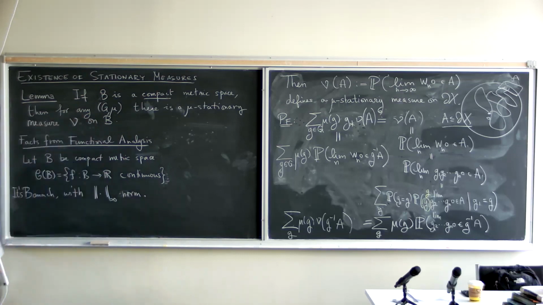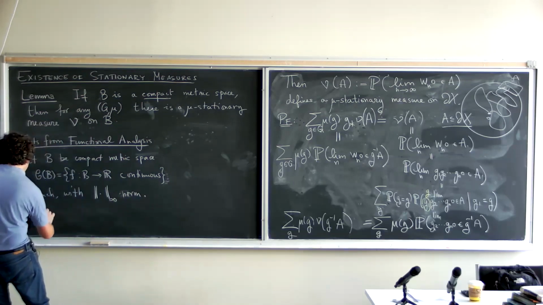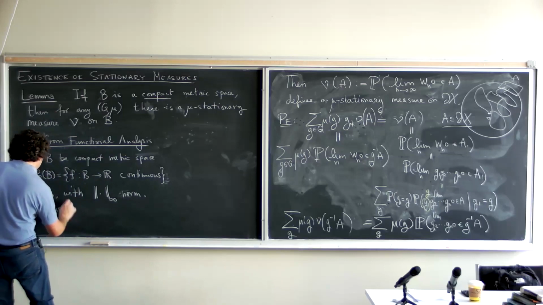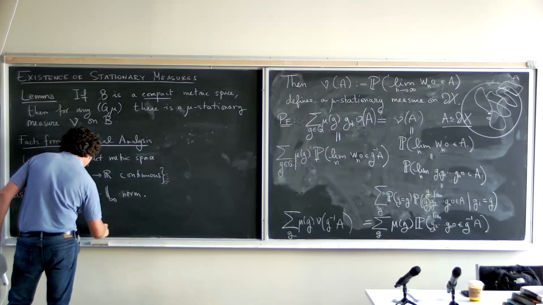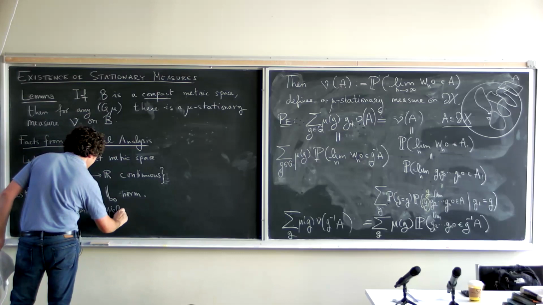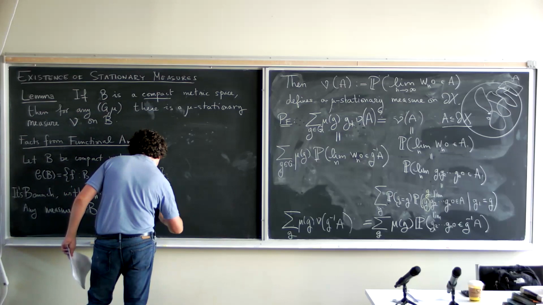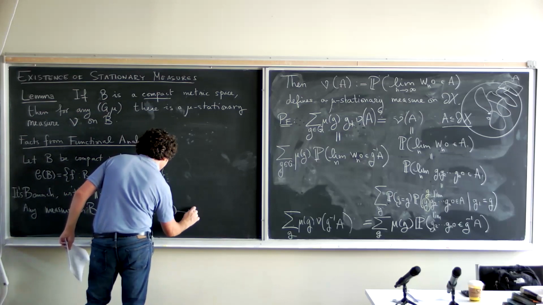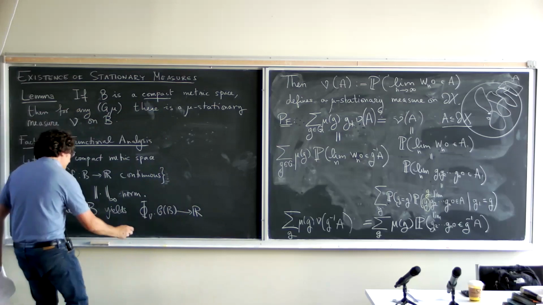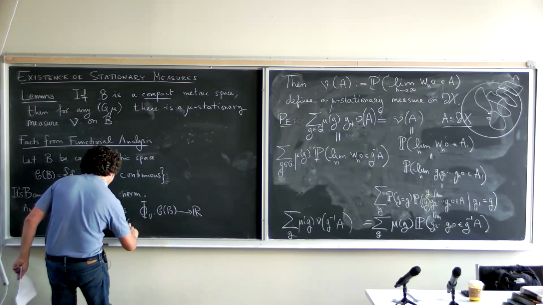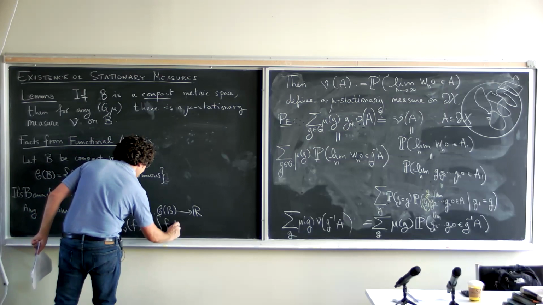And any measure gives rise to a function here. Any measure nu on B yields a function psi_nu from the space of continuous functions on B to R, which is given by integrating: psi_nu of F is the integral over B of F d nu.